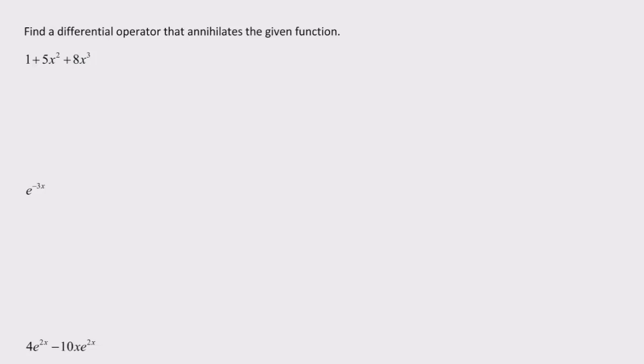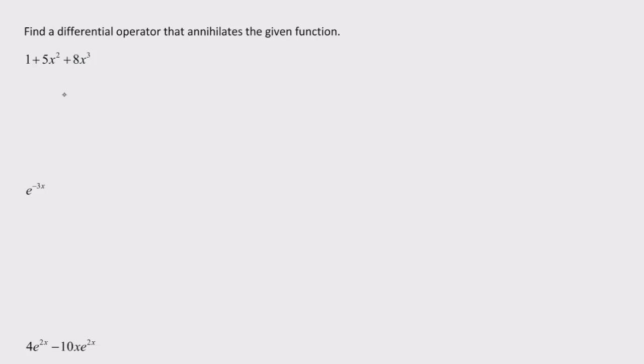Okay, so going back to those three previous cases, let's practice finding differential operators that annihilate each of the following given functions. In 1 plus 5x squared plus 8x cubed, that's just a collection of polynomial terms, so I'm looking at the highest exponent, and that's what defines what we use to cancel out.